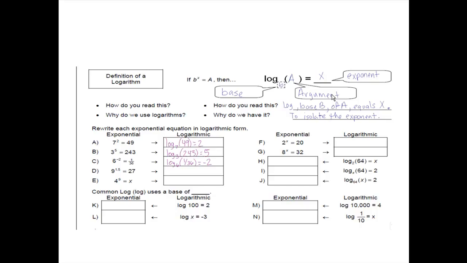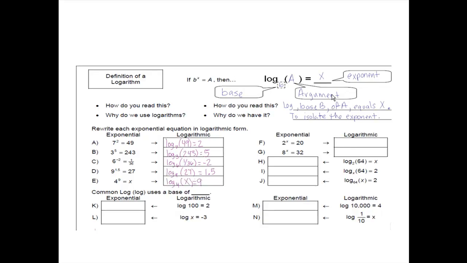D, 9 to the power of 1.5 equals 27. When we rewrite this, it becomes log base 9 of 27 equals 1.5. E, 4 to the 9th power is equal to x. So when we rewrite this, it is log base 4 of x is equal to 9.